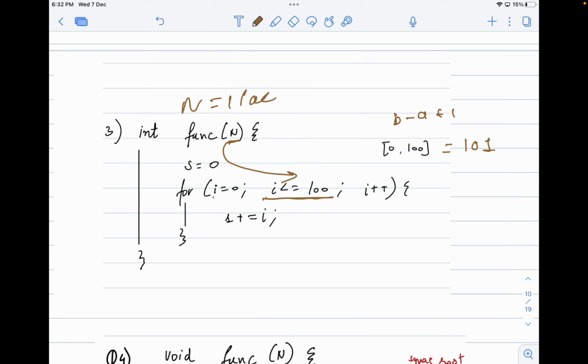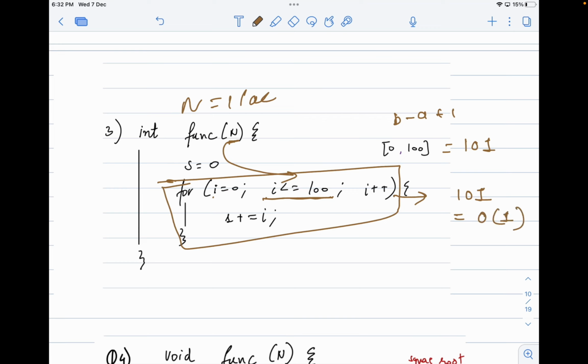Whatever your size n will be, that will not impact your algorithm. The only iterations will happen is 101, which is a constant, meaning for every input this is a constant. So order of 1 will be the time complexity, whatever n will be, because we are not using n anywhere, right?